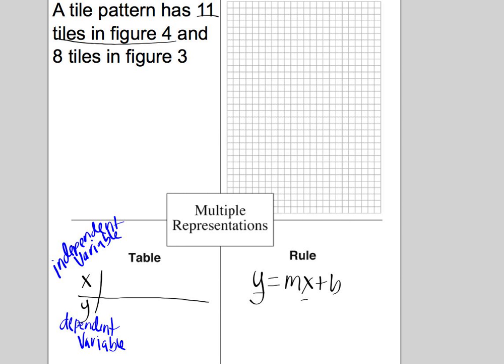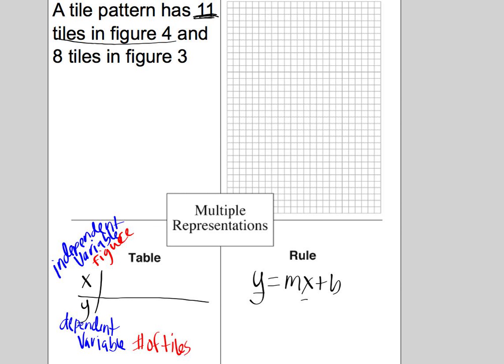So X is going to be figure number because it is independent. Y is going to be the dependent variable. It is the number of tiles, which depends on the figure number. So now that tells me where I'm going to put these numbers. 11 tiles in figure 4.